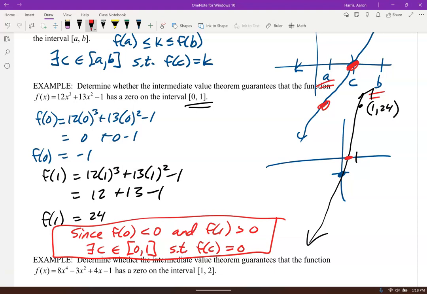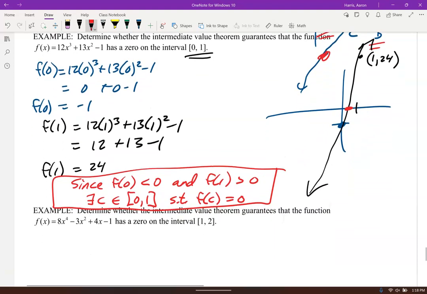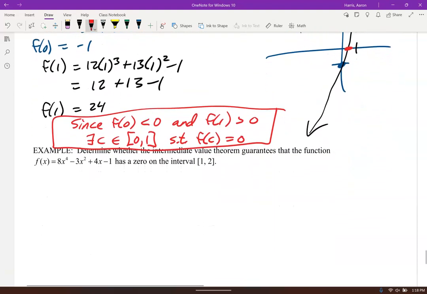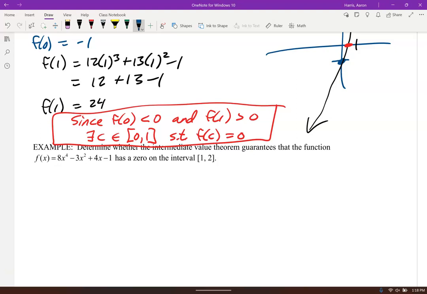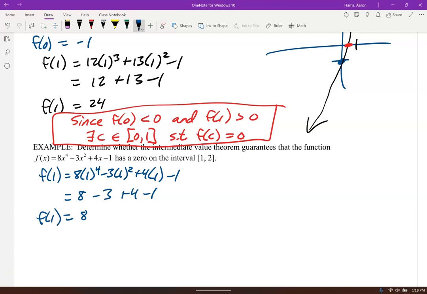Right? Let's try one similar. How about for this function from 1 to 2? So we throw in 1. Let's see what 1 gives us. Okay, so f of 1 is 8. So I'm going from 1, 8.